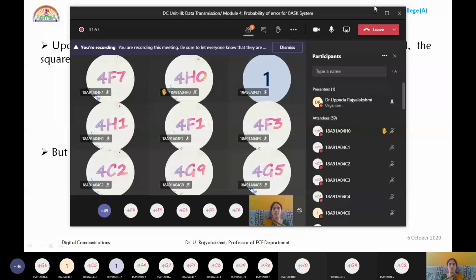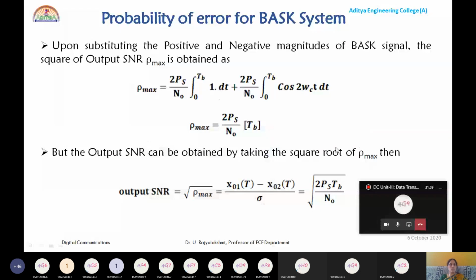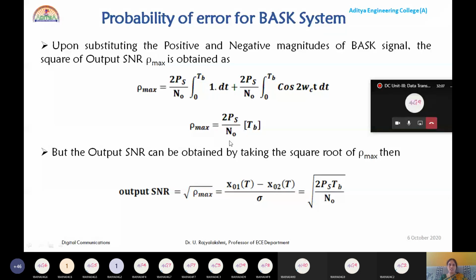Kindly mute yourself. We are interested only in output SNR instead of its square, so output SNR can be obtained by taking the square root of rho max. Then output SNR will be x01 of t minus x02 of t divided by sigma, which is root of 2Ps into Tb divided by N naught.